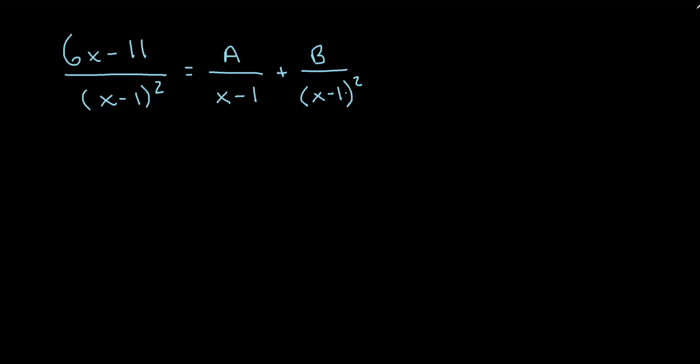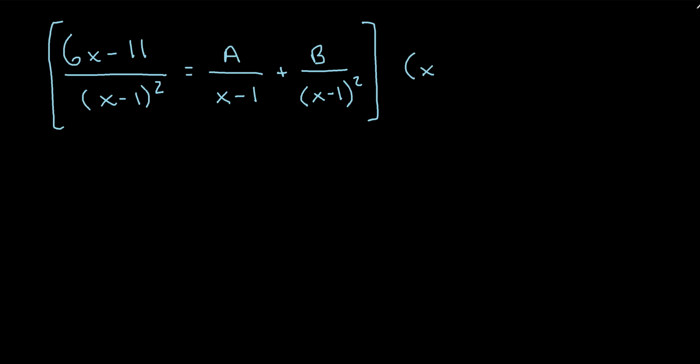So where do we go from here? Well, we want to try to get rid of all of these denominators. We can do that by multiplying this entire expression by the common denominator, which would be x minus 1 squared.